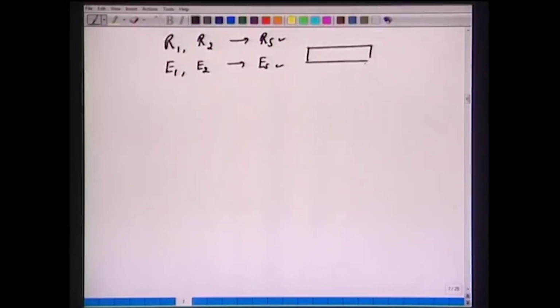So we can rearrange the same equation in terms of Rs, capital X1 and capital X2 equals Es times Y2 minus Y1.